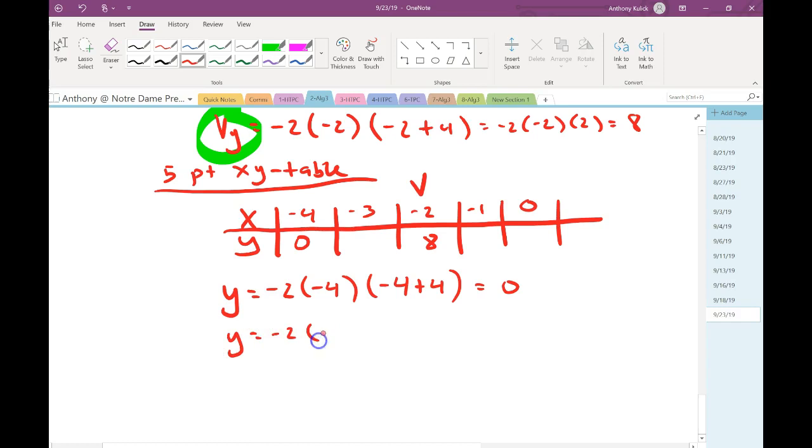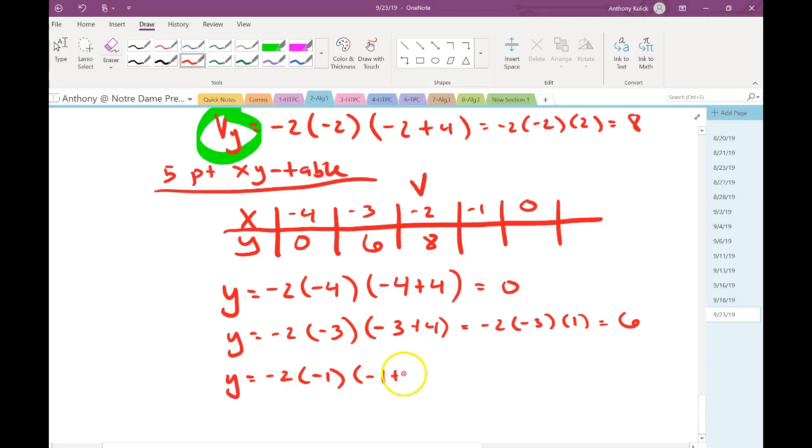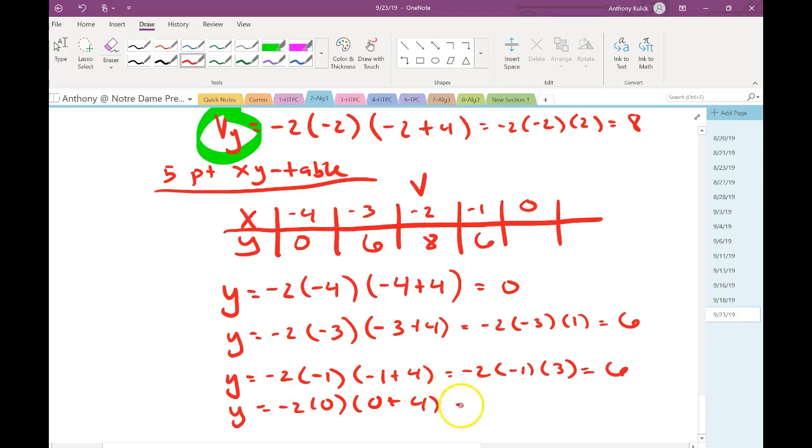Now I'll do the same thing for -3. That gives me 6. And then I'll do the same thing for -1. And that also gives me 6. And then once more doing it for 0.